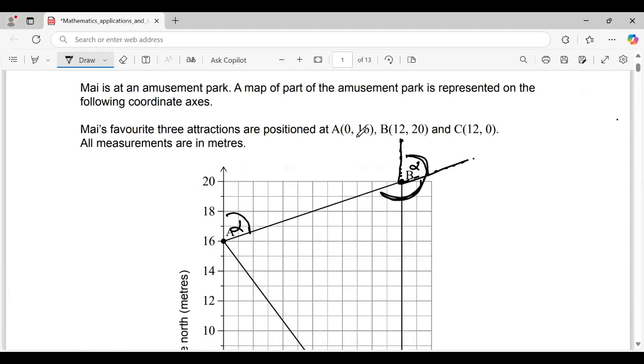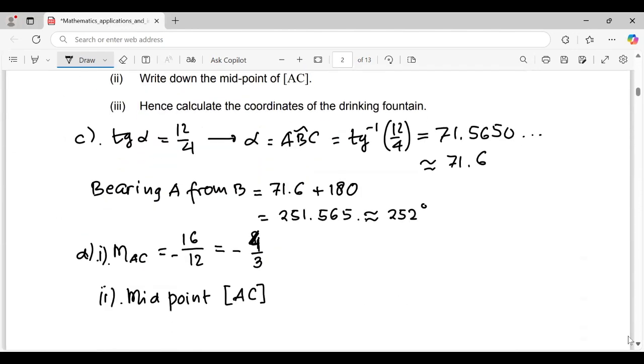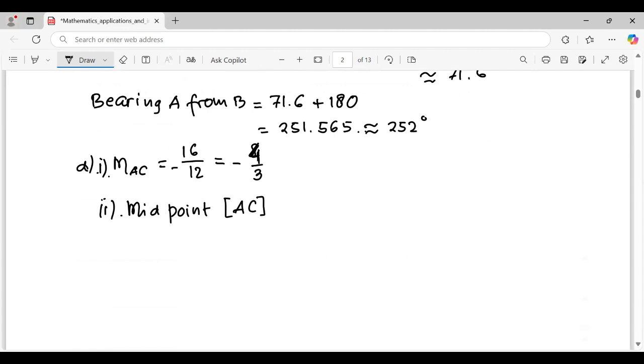A is 0, comma 16 and C is 12, comma 0. Midpoint AC equals 0 plus 12 over 2, 16 plus 0 divided by 2, equals 6, comma 8.